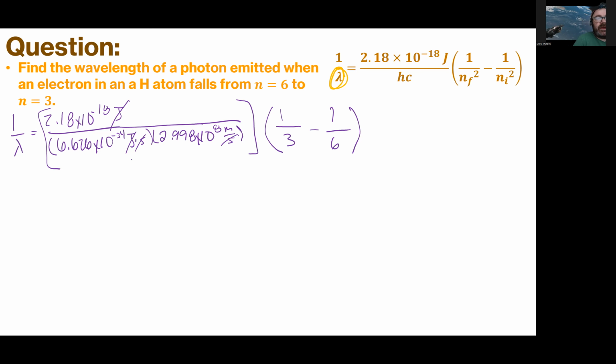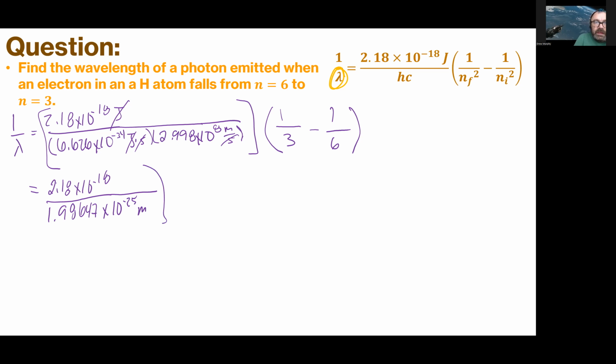We'll do this piece by piece: 2.18 times 10 to the minus 18. On the bottom, I'll multiply 6.626 times 10 to the minus 34 times 2.998 times 10 to the 8th, which gives me 1.98647 times 10 to the minus 25. This is meters on the bottom.